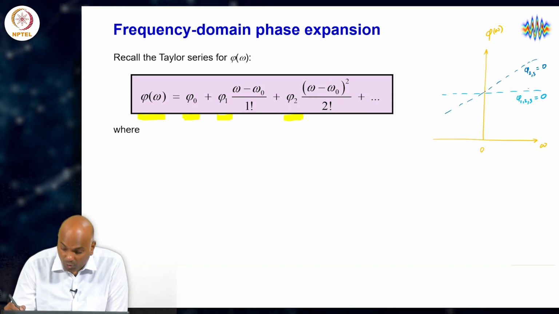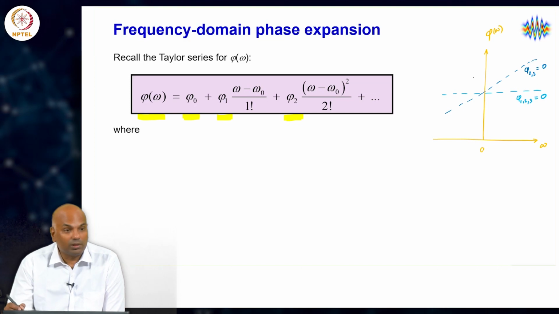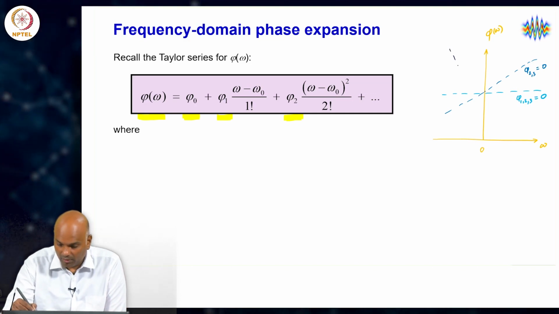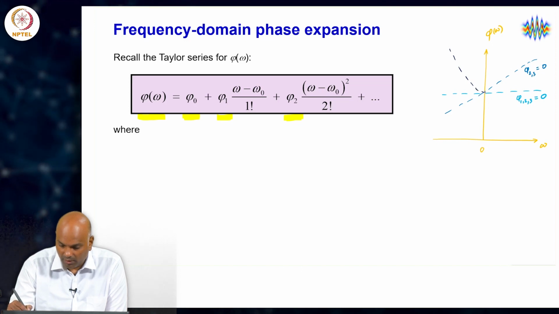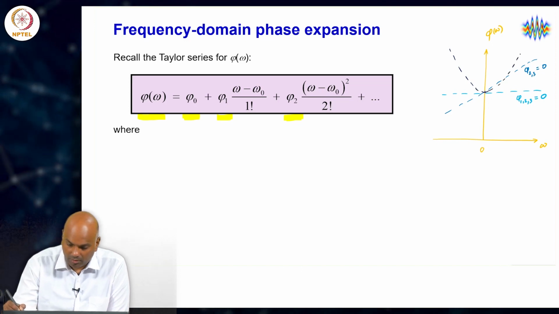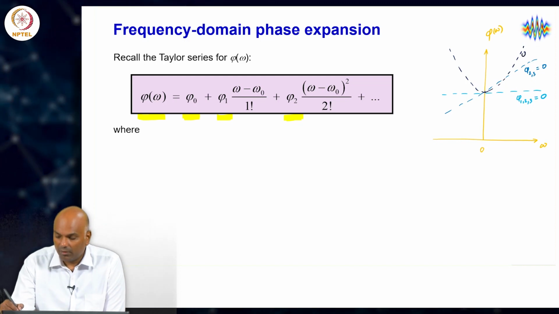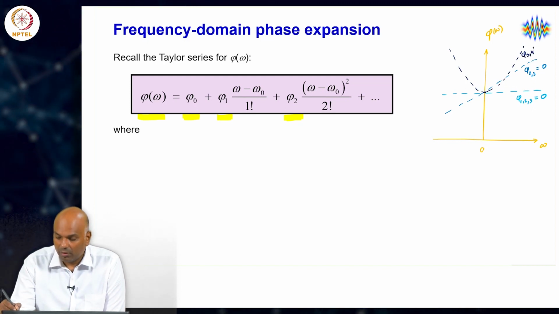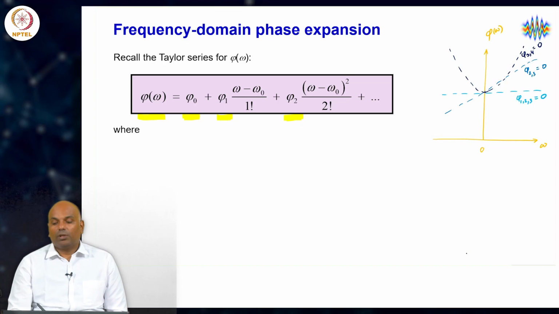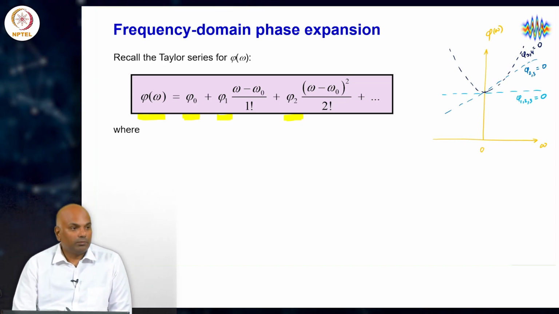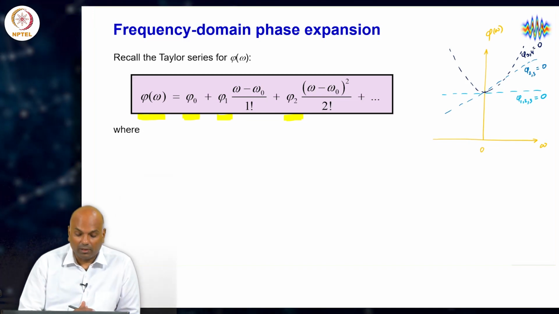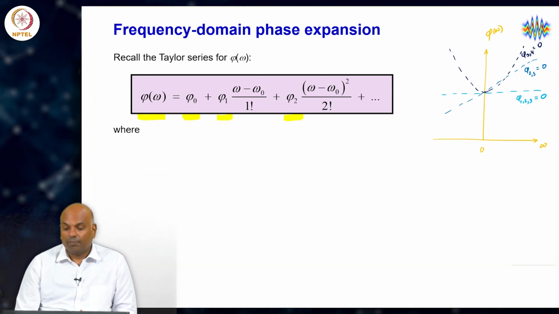I am plotting the total phi, not just the coefficients, the total phi in these cases. Here phi 3 onwards is 0, the other terms are all non-zero, not necessarily positive, they could have either sign.